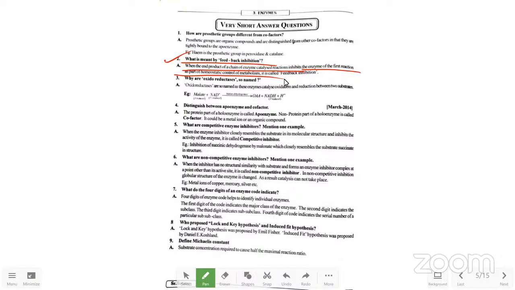Okay, then distinguish between apoenzyme and cofactor. Apoenzyme means the protein part of the holoenzyme.